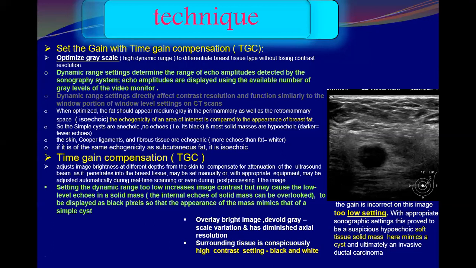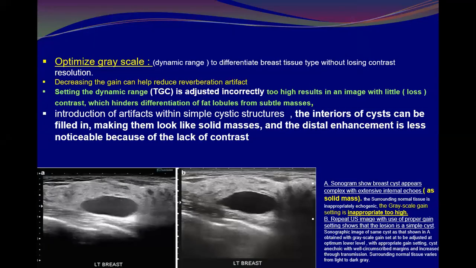When we see black and white, the contrast is too much. That means we adjusted the time gain to a low setting. We have to adjust it because the soft tissue will mimic a cyst. And the reverse will occur when we set the dynamic range at a higher level.